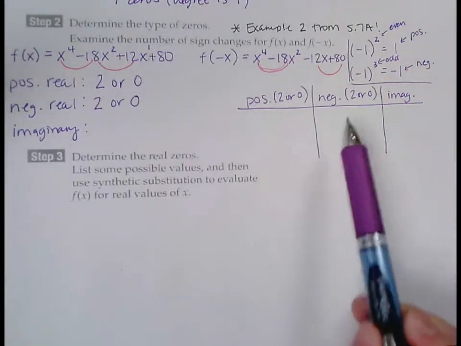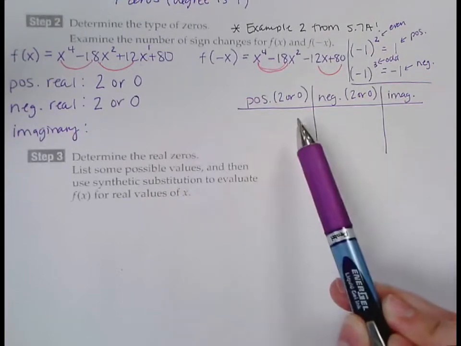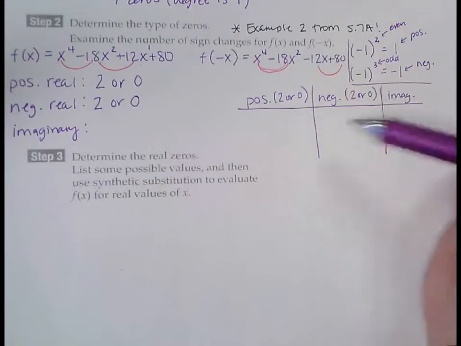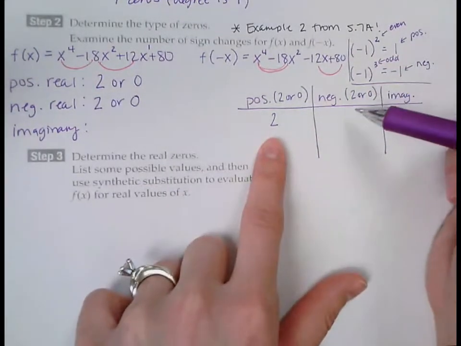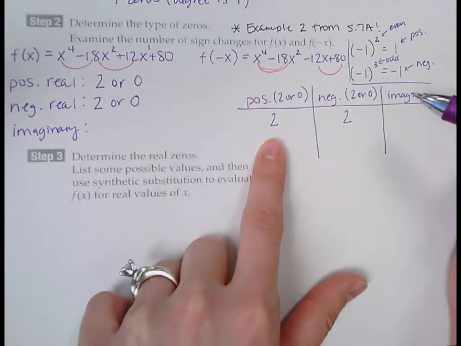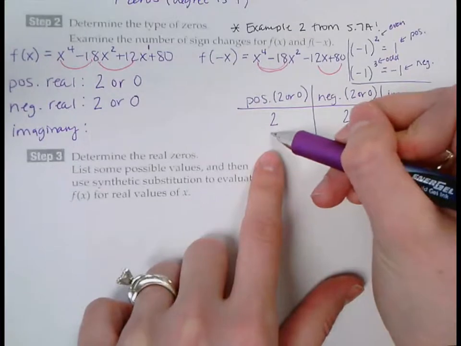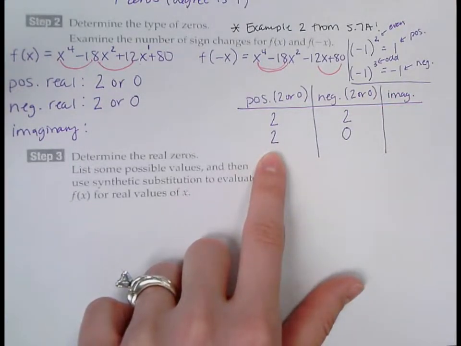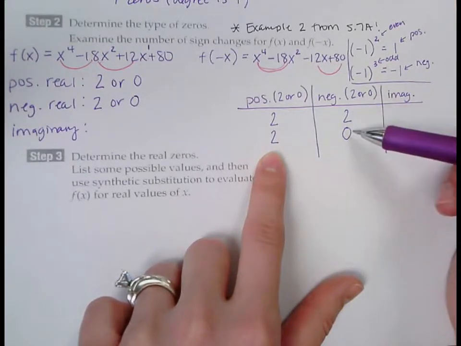What I want to do is come up with the different combinations I could have between the positives and the negatives. So what I mean by that is I have 2 options for each, 2 or 0. So I could have 2 positive real zeros with 2 negative real zeros. So I could have 2 and 2. Or I could have 2 positive real zeros with no negative real zeros, because my options for negative were 2 or 0.